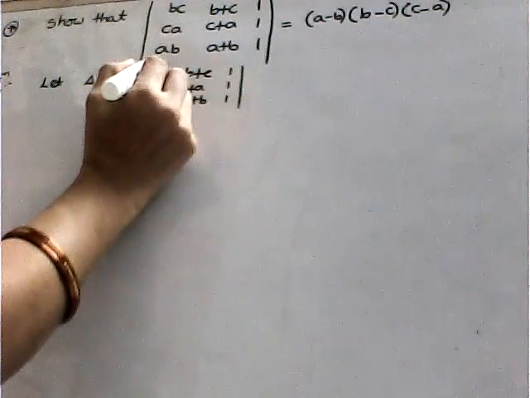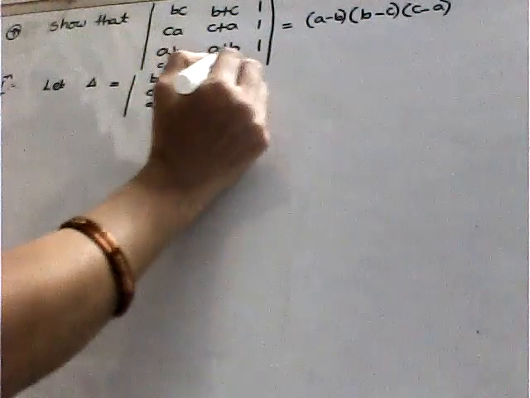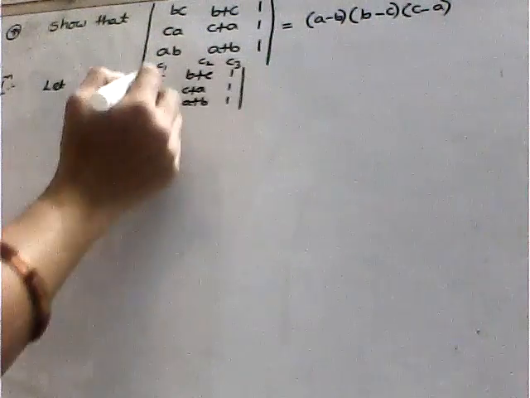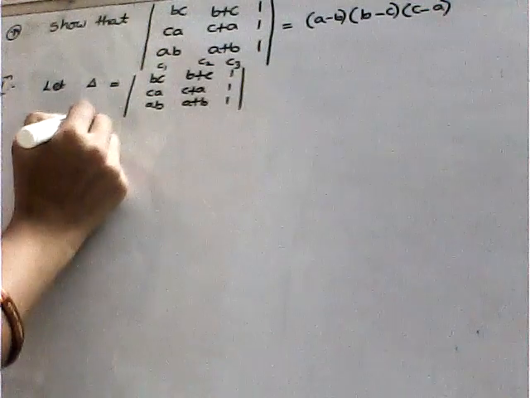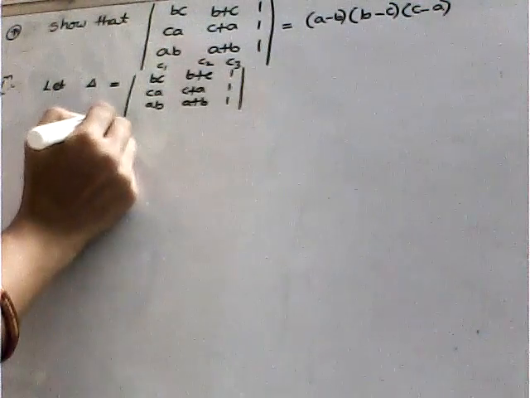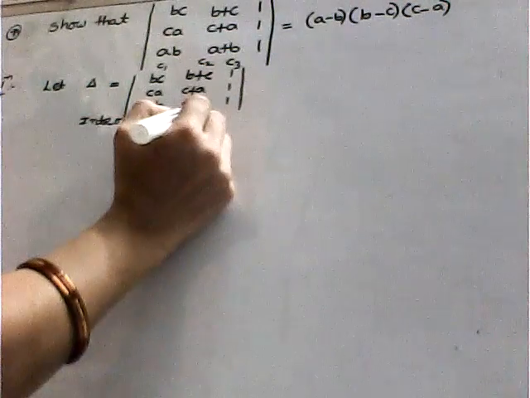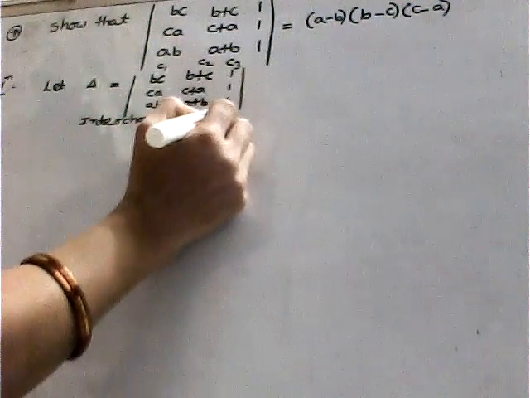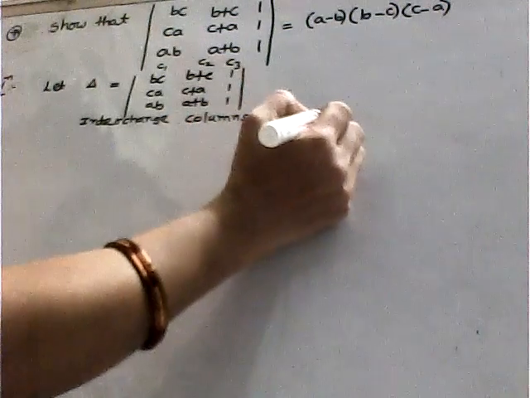This is the first column C1, this is the second column, this is the third column. Now interchange the columns C1 and C3.